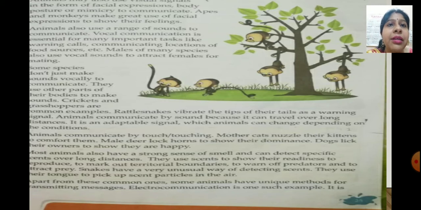Animals have got different signals. Some animals give different types of visual signals in the form of facial expressions, body postures, or mimicry to communicate. So there are animals that have different types of visual means.